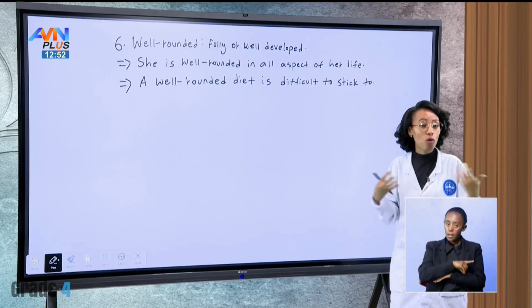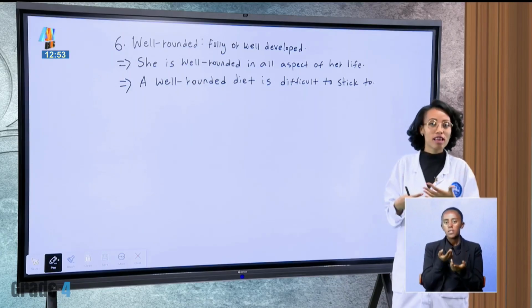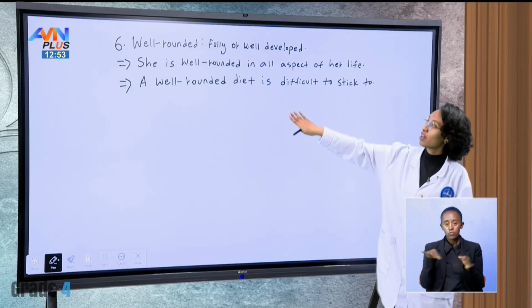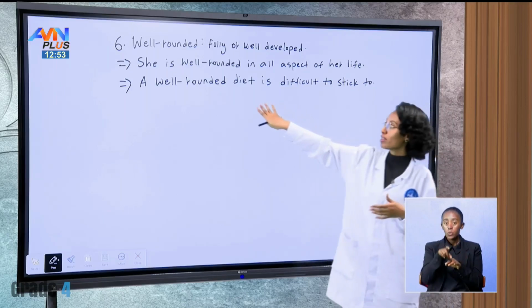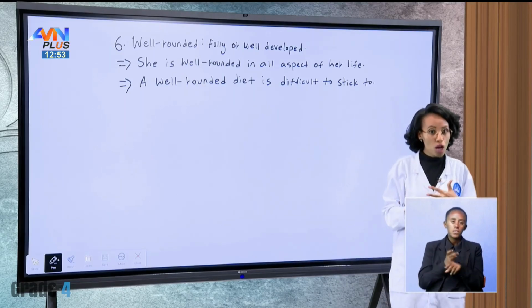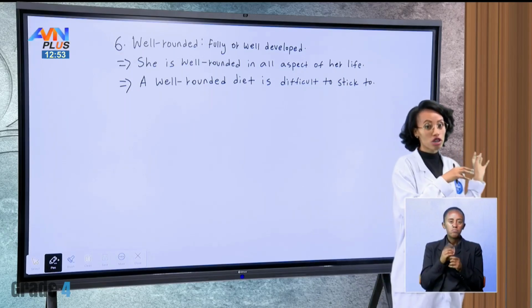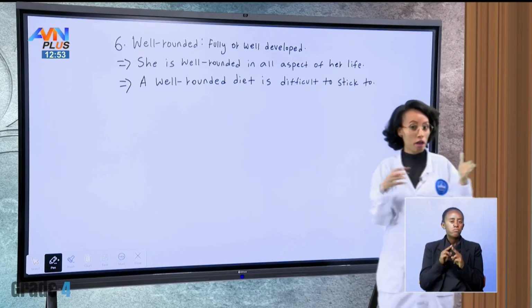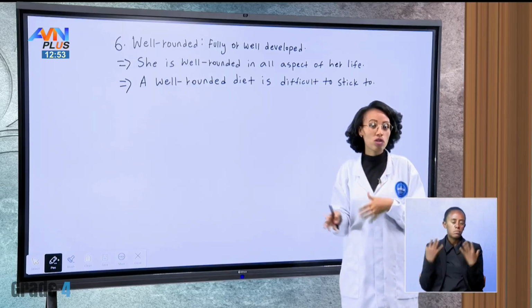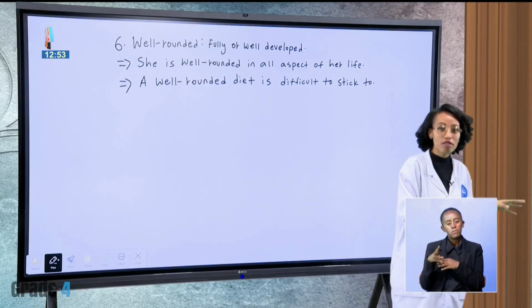You should have all of those calories, those nutritions, or everything that you need. That should be what? A well-rounded diet. And it is very difficult for some people because some people like, for example, eating too much sugar instead of healthy food. Or some people eat too much vegetables and they don't take in calories as well.